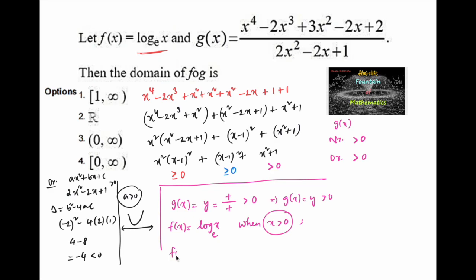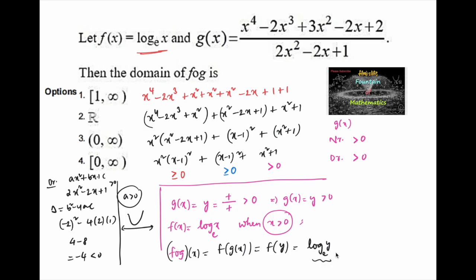And the composite function f circle g, let us consider f circle g of x. We can write it as f of g of x, with g of x taken as y, which is a positive value. f of y is equal to log y to the base e.